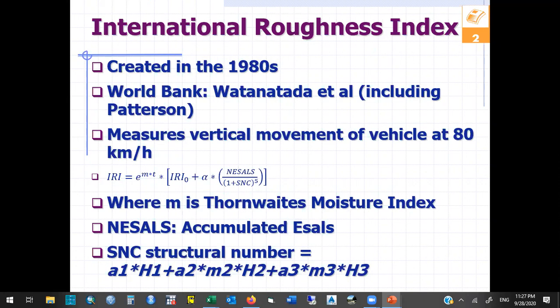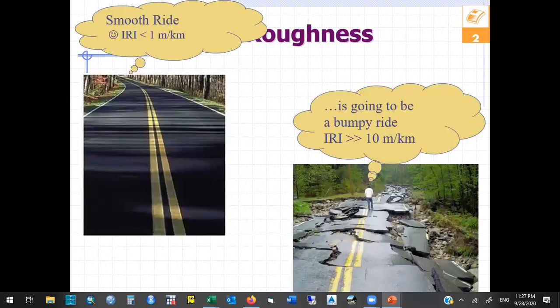Now, this is the original formulation from the 1980s. So a smooth ride, like the top image, is 0.5, 0.8. You don't feel your vehicle moving. It's super smooth. And this is how many vertical meters per kilometer you observe.